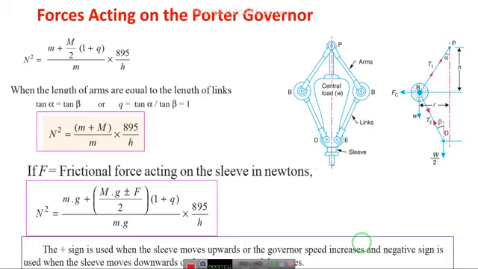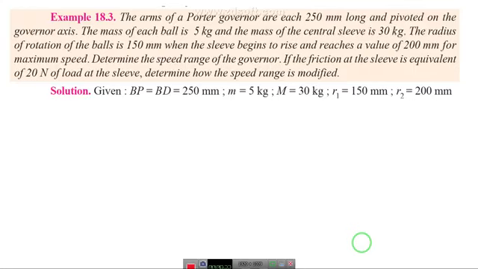So N square is equal to (m dot g plus capital M dot g plus or minus f) divided by m dot g into (1 plus q) by 2 into 895 divided by h. So this positive sign dictates that the sleeve is moving upward and the governor speed increases, and the negative sign is used to note down the sleeve moves downward.